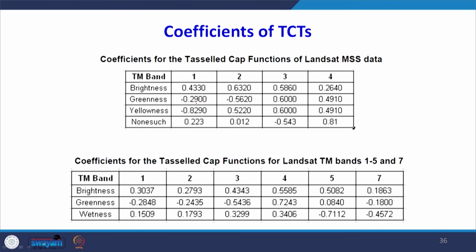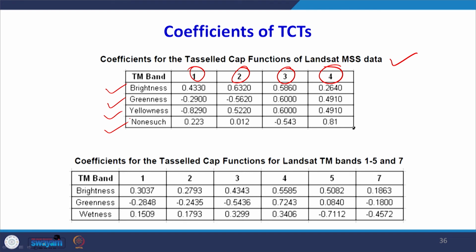So these coefficients have been mathematically derived, and in some of the books these coefficients are also given. This is for MSS data. For Landsat MSS data, these 1, 2, 3 and 4 columns are actually giving me the coefficient values, and I will get brightness, greenness, yellowness and known such index.